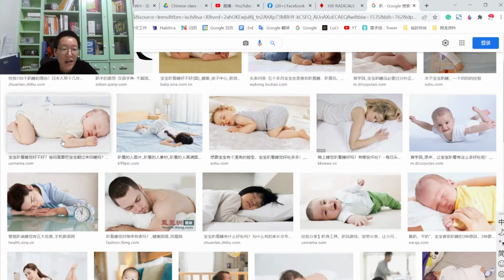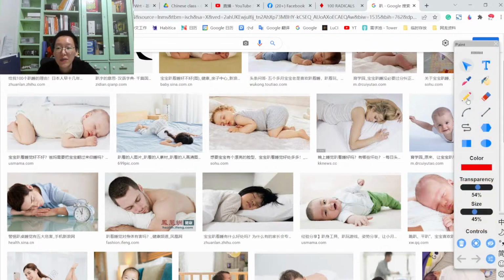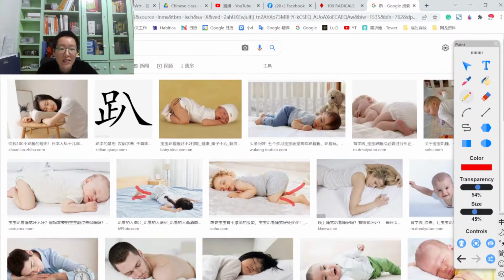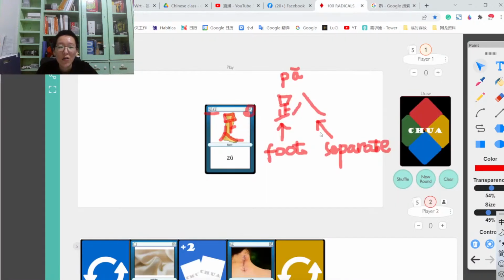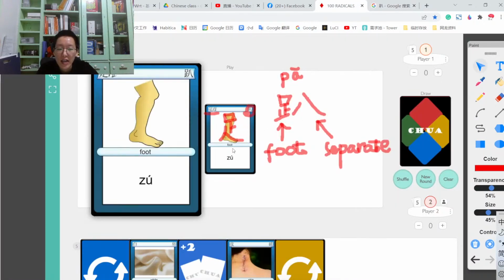So your feet are separate like this, right? Separate like this. It means 啪. Interesting, right? Okay, so I will teach you every card in this game.